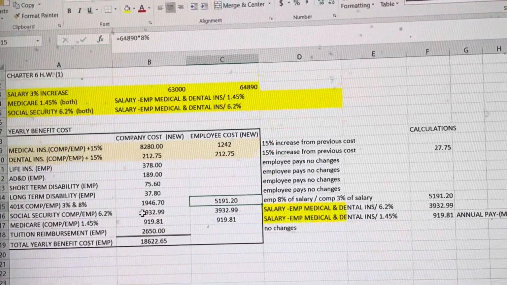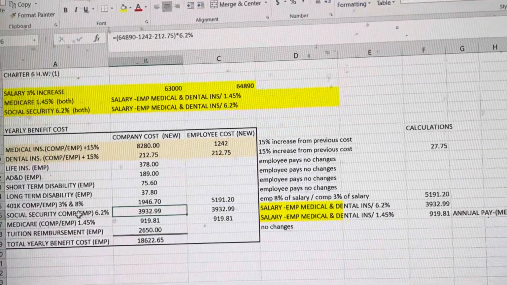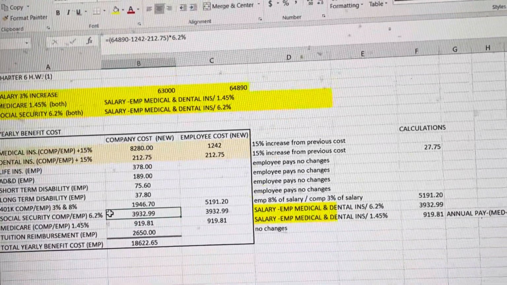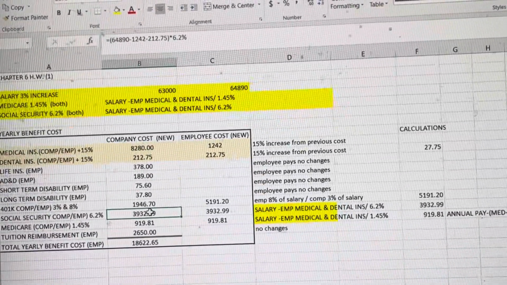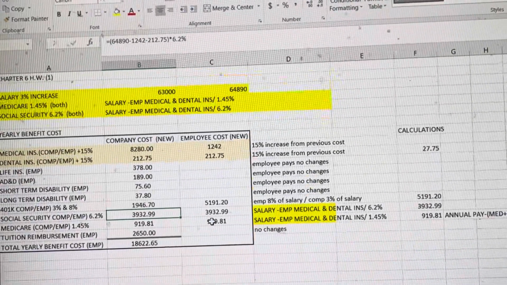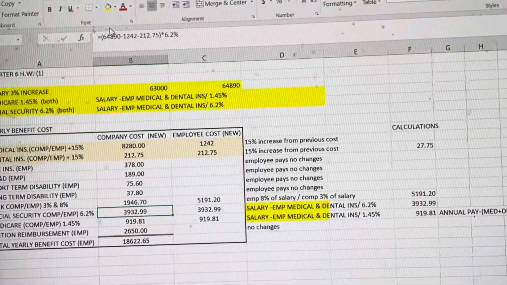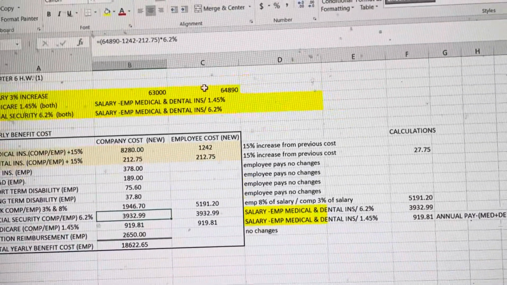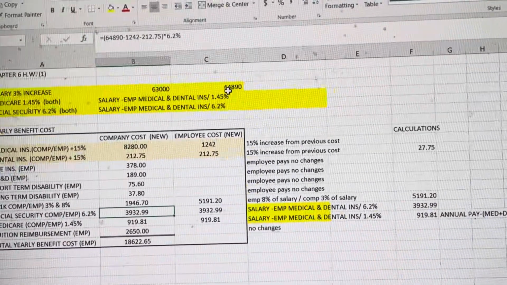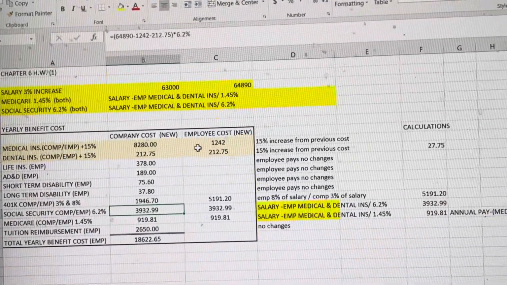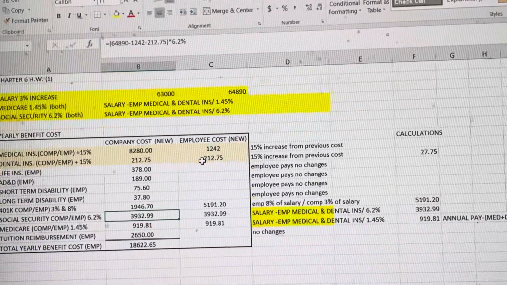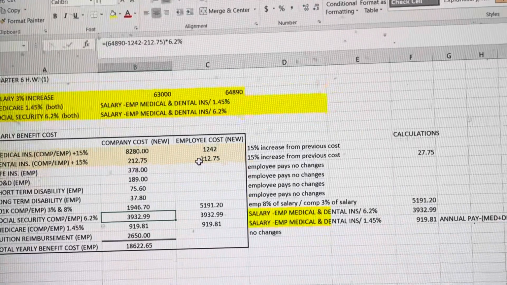For the Social Security, the contribution for company and employee is 6.2%. So what we do is take the salary, and you need to deduct the medical and dental that the employee had paid.